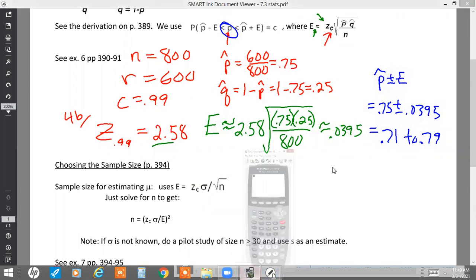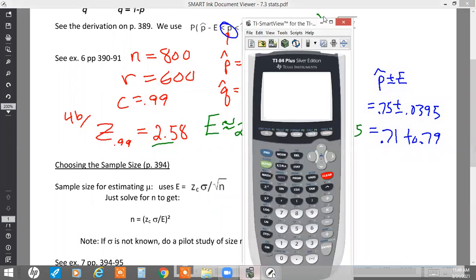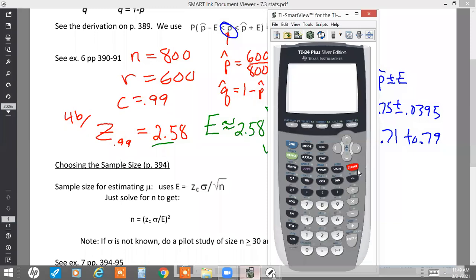Let me make sure that I cover that, and then we are done until next Monday. Press stat, go to tests. Here's what we want. Option A, 1 proportion Z interval, 1-PropZInt.